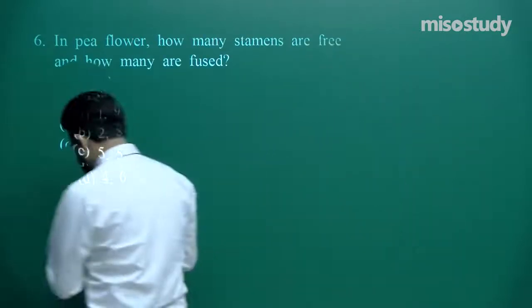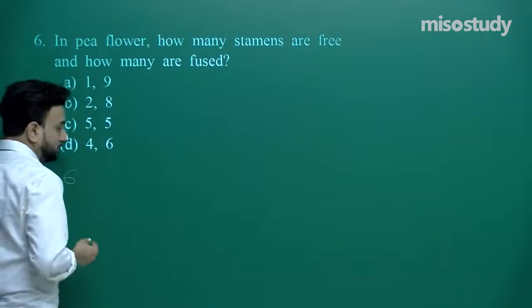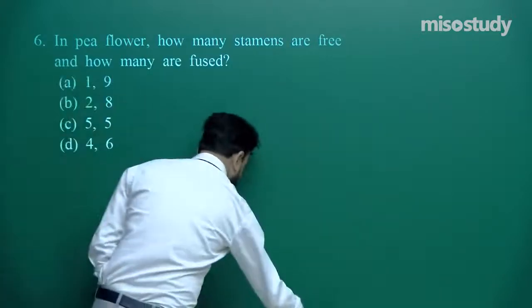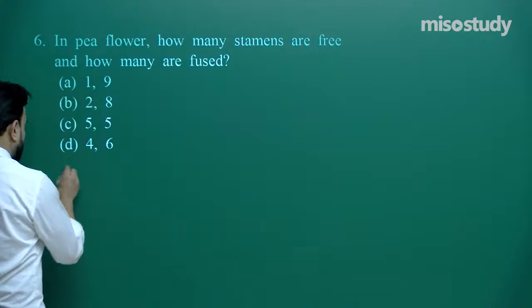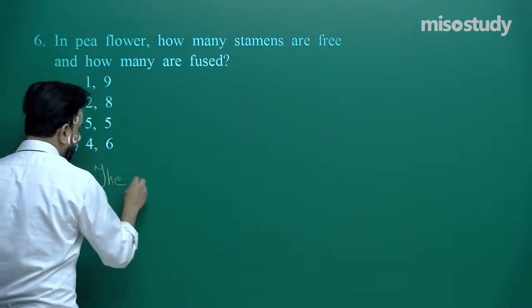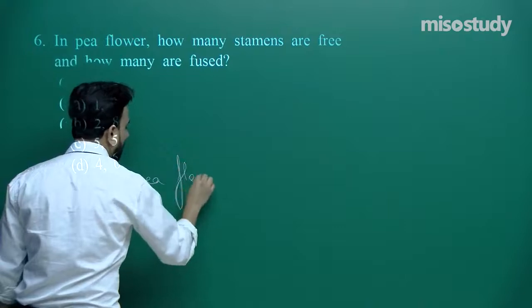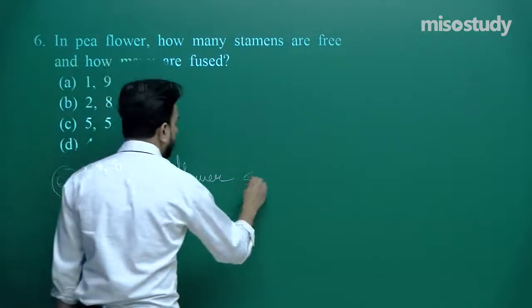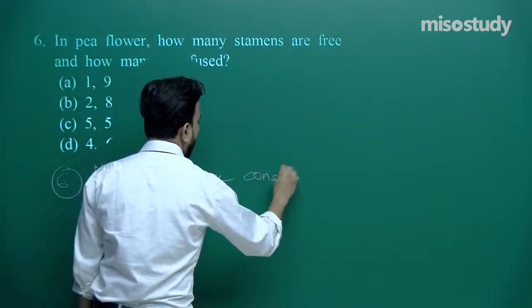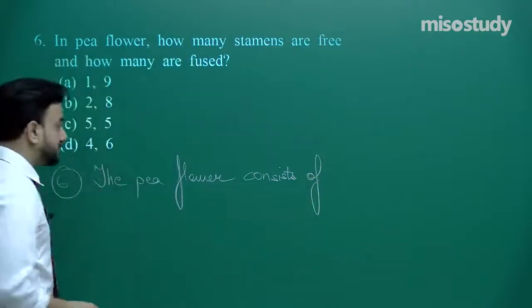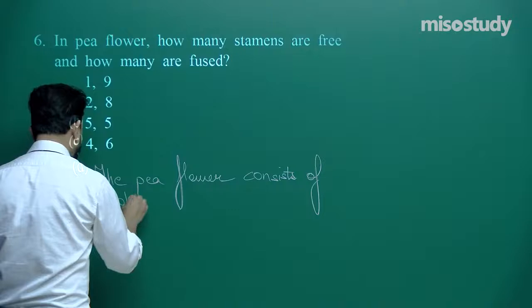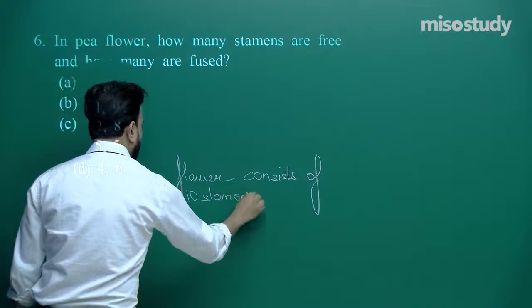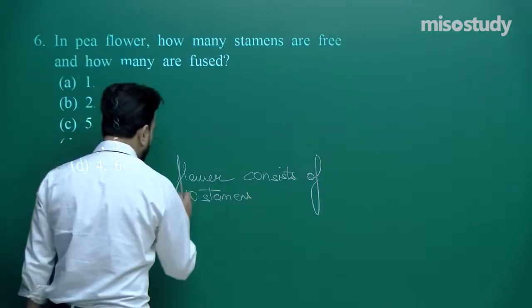So let us write the answer. The pea flower consists of a total of 10 stamens in all.